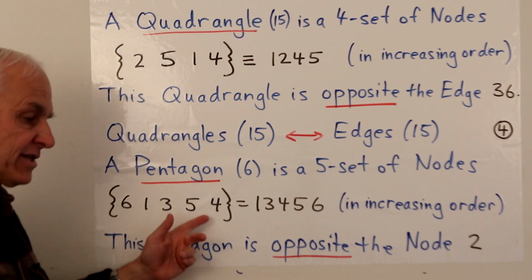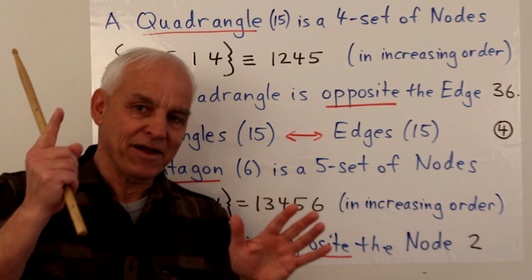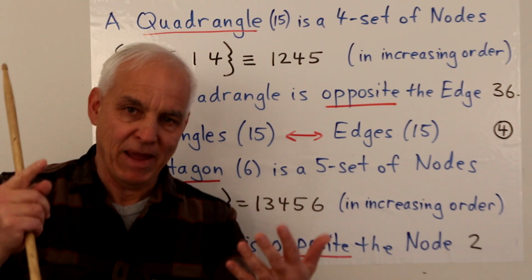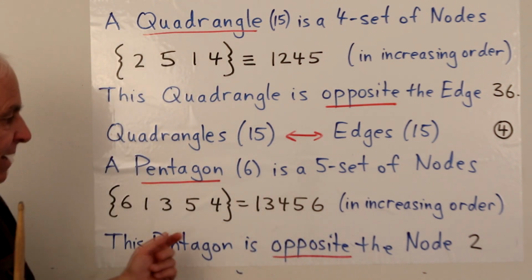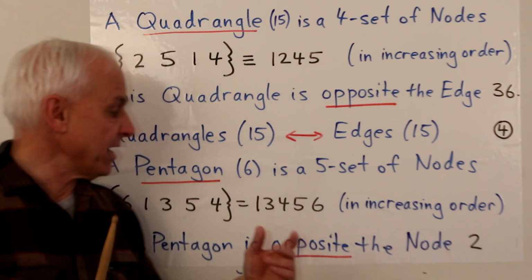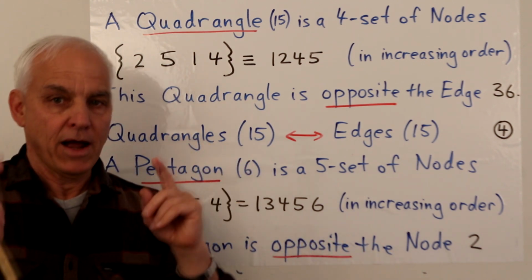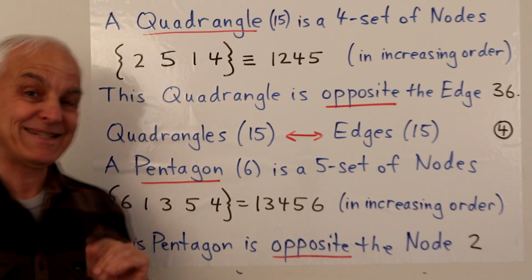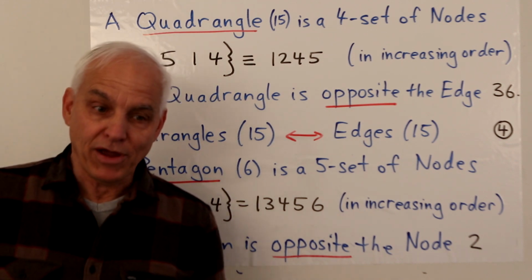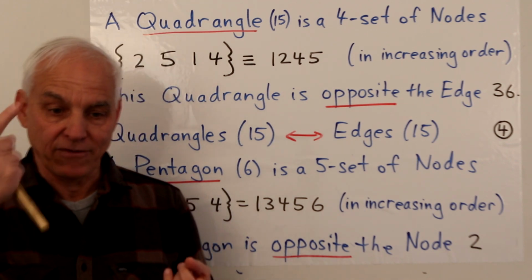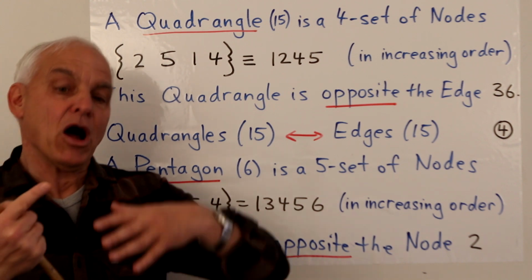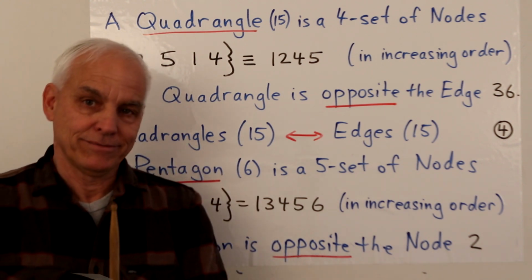Now, in this case, there's obviously one node that's not contained in the pentagon, namely the node 2. So we could say that this pentagon is opposite the node 2. And that makes it clear why there are going to be 6 pentagons, because there are 6 nodes, and for each one of the nodes, there's an opposite pentagon.